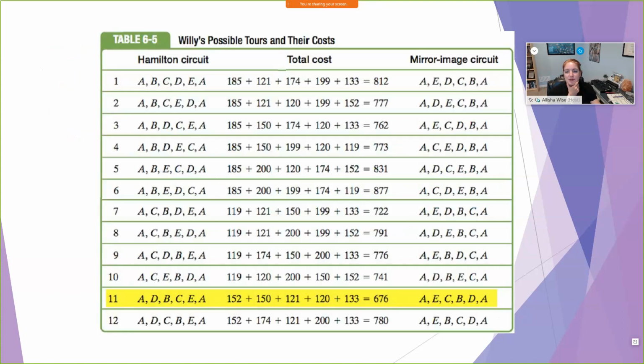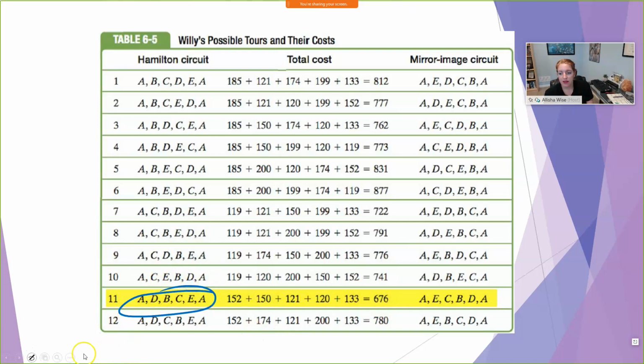I went ahead and pasted all 12 Hamilton circuits and their mirror images, and then all of their costs. I didn't actually do this, this is from a book, but it's to give you an idea of how this is going to look. You're going to write out the Hamilton circuit, write out the mirror image, calculate the total cost, and then say who had the lowest cost.